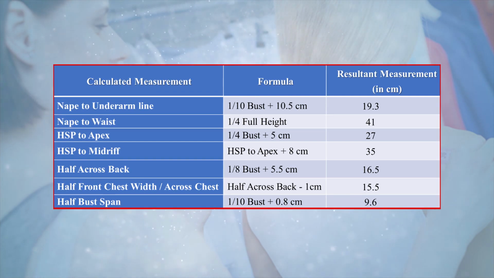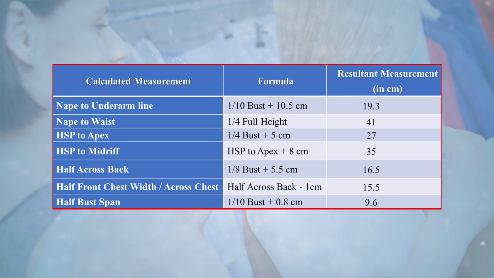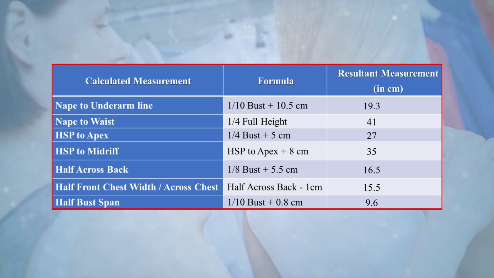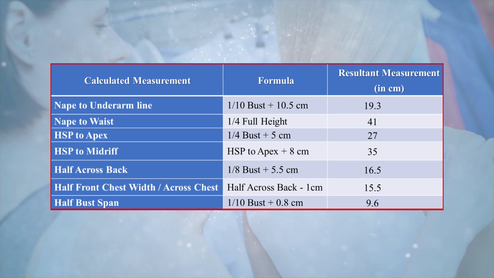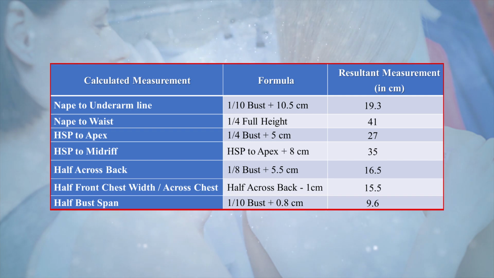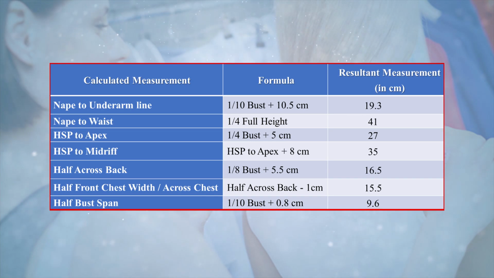What does this formula mean? Our actual bust circumference is 88, so we take 1/10 of that 88 centimeters, and then we add 10.5 centimeters to get the resultant measurement.